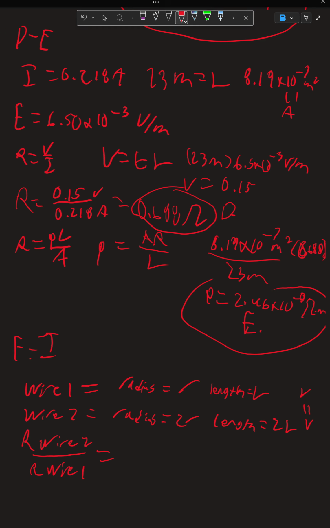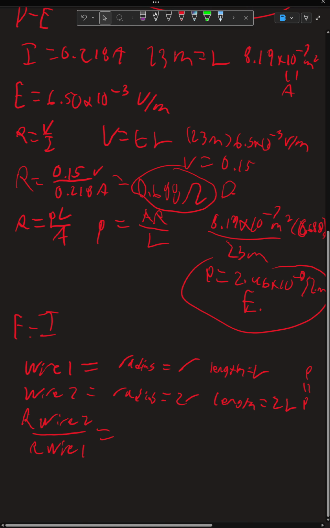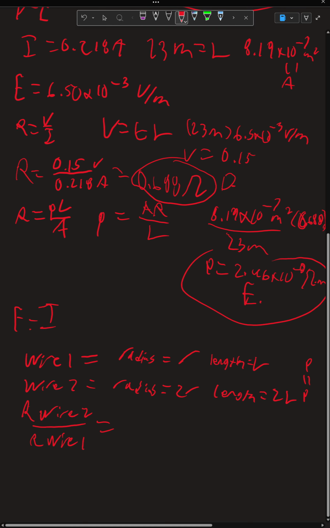This equals, it's not going to be too hard. To find the resistance, we have pretty much length and area, and the resistivity between the wires is the same actually. So instead of V, it's ρ. So ρ equals ρ. So all we have to do is use our formula to find the resistance, using these values that we have.